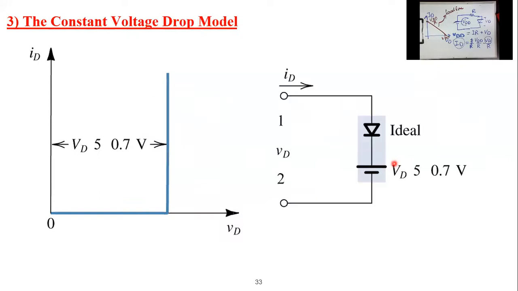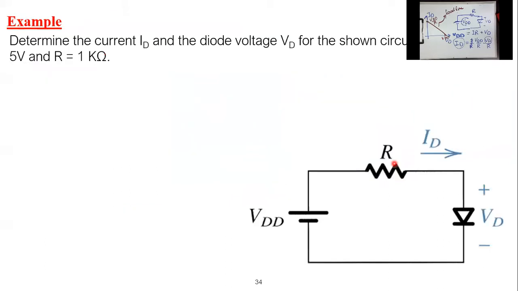Okay, so in order to examine the difference between these models, let's come to this example. In this example, I told you that I have this circuit. This circuit consists of a voltage source of 5 volts and a resistance of 1 kilo ohm. What I'm seeking is to determine the current I_D and the voltage drop on the diode, which is V_D.